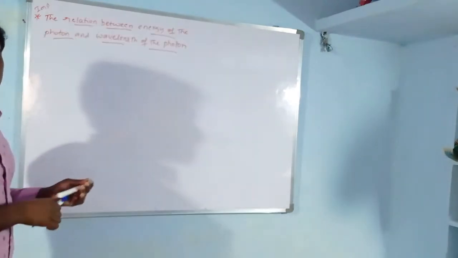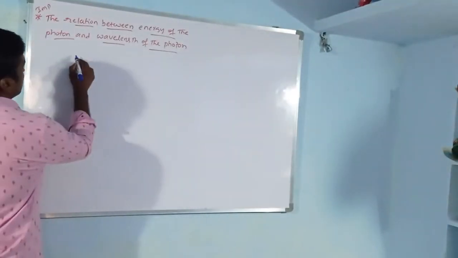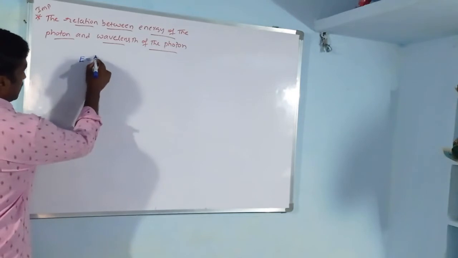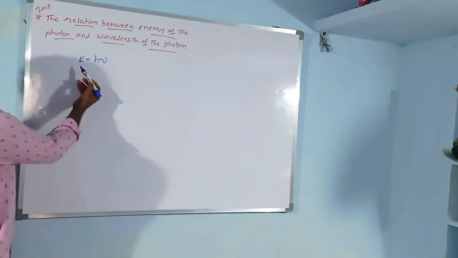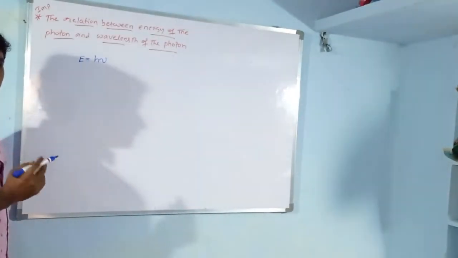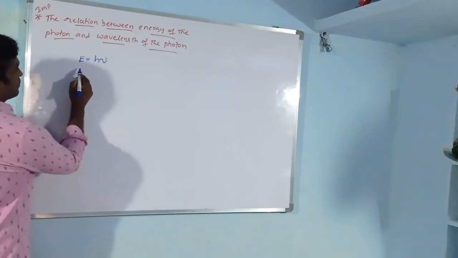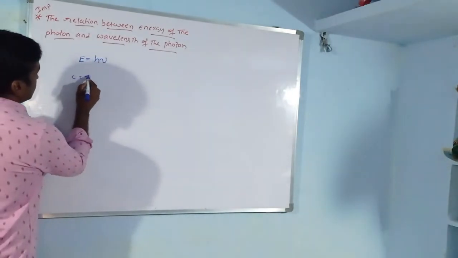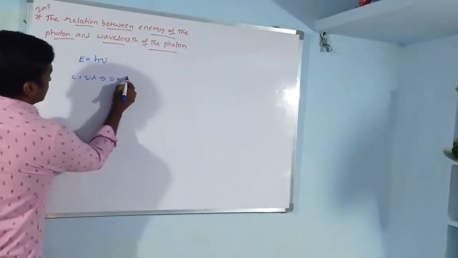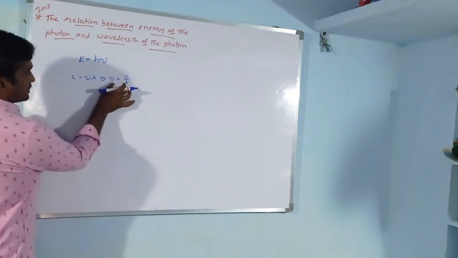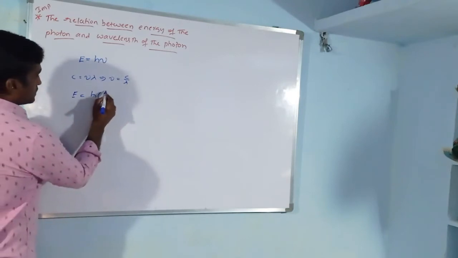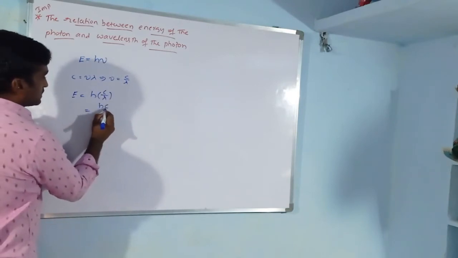We can derive this relation by using the formula E = hν. This is the energy of the photon. E means energy of the photon, h means Planck's constant, and ν is the frequency of the incident radiation. We know the formula c = νλ. From this equation we can write ν = c/λ. Substitute this value in this equation, then we get E = h·c/λ, that is hc/λ.